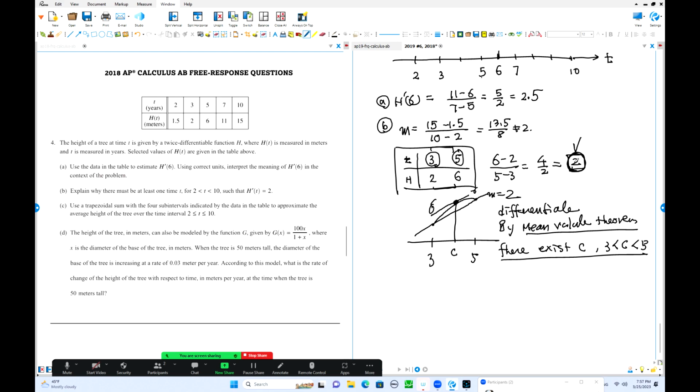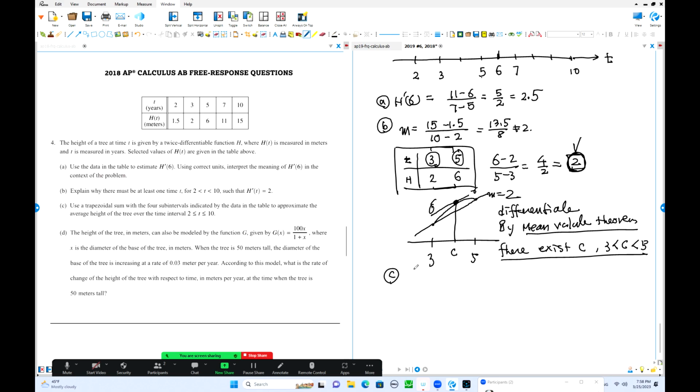Use a trapezoidal sum with 4 subintervals indicated by the table to approximate the average height of a tree over the time 2 and 10, right? Average height, average value, okay?